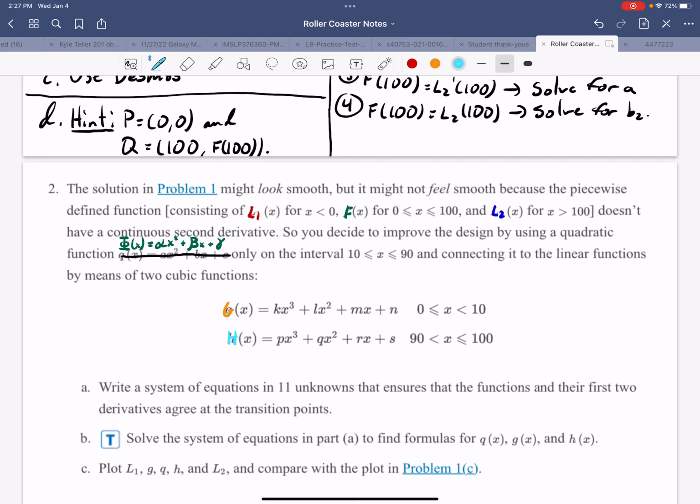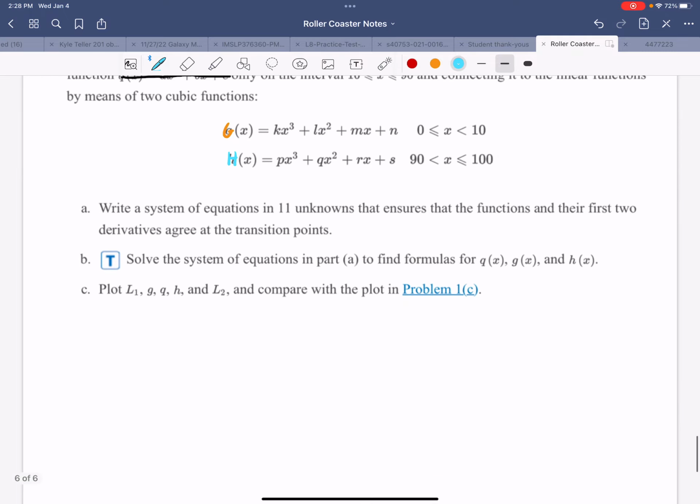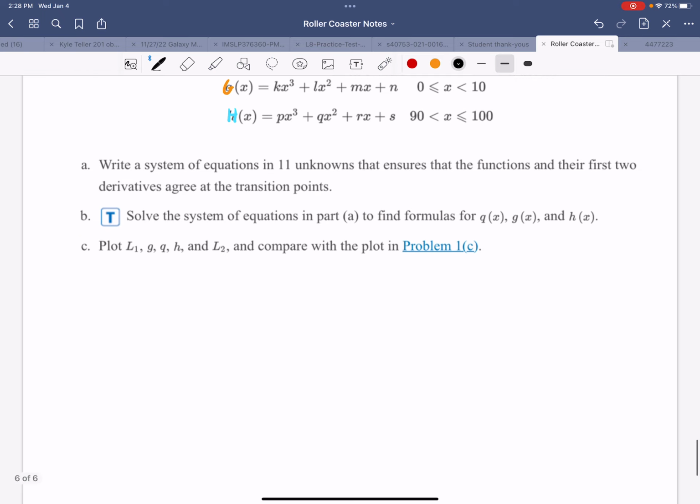So let me see if I can graph this in any way that's acceptable. I'll get my axes out first, our x and y axes. So we still have point P right here, and we still have our point Q down here or so, and it's still 100 feet away.